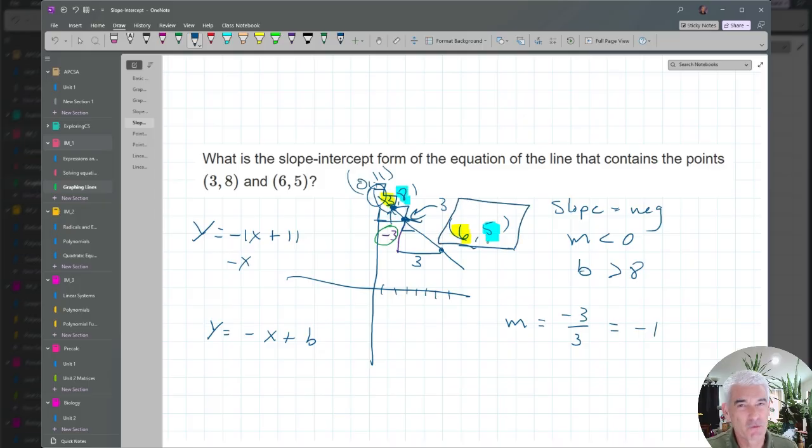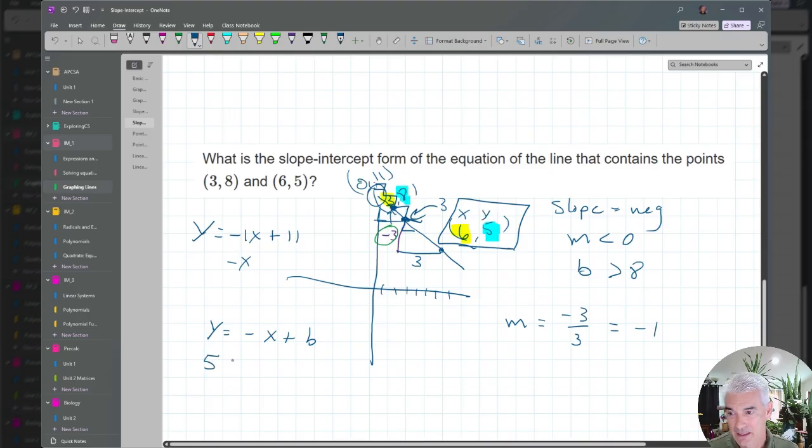I'm going to pick this one because it's got smaller numbers. I'm going to plug in x equals 6 and y equals 5. So 5 equals -6 plus b, and now solve for b. Pretty easy math to solve for b. I'm going to add 6 to both sides. Oh, look at that. 11 equals b. I never would have guessed.